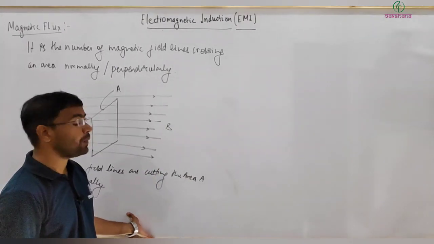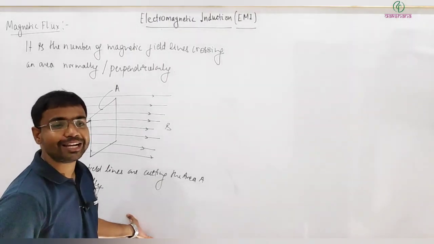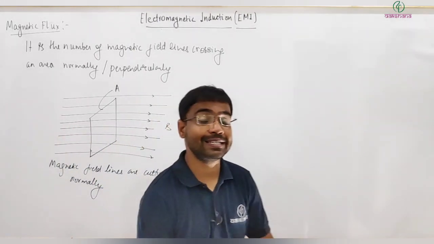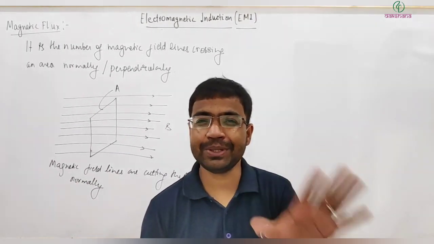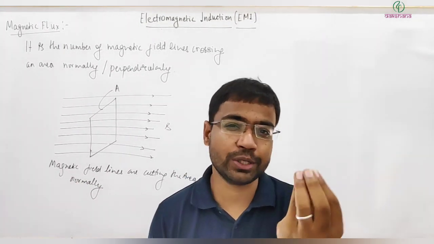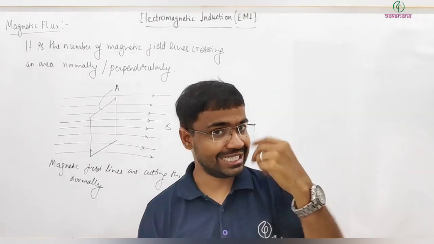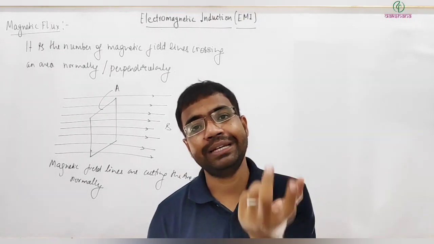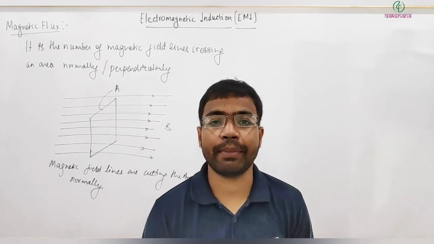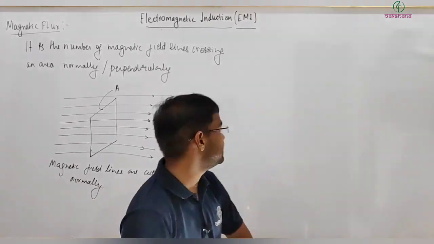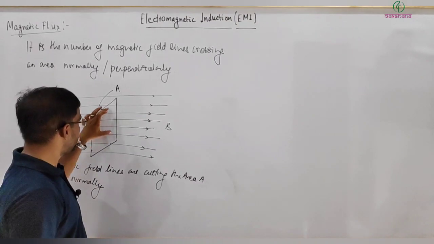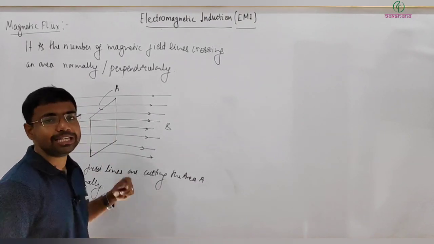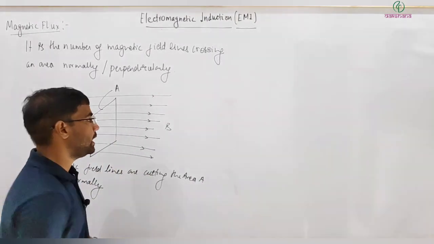You already know that magnetic flux is the number of field lines crossing the area. We actually do not count the number of field lines 1, 2, 3 and so on. We say the number density of field lines is proportional to the magnetic field strength. If field strength is higher, more field lines cross the same area, so the density is higher.